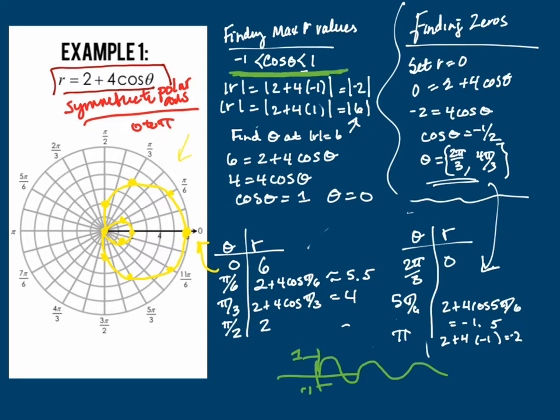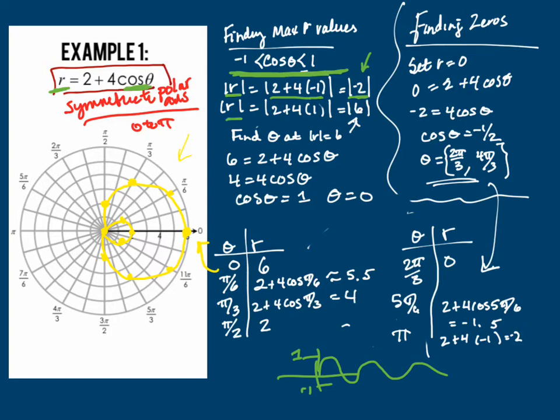So what we do is take the absolute value of r, the r of your equation, and substitute -1 in for cosine theta, because that's the least it could be, and +1, because that's the most it could be. Here we have r equals 2 plus 4 times -1, and you get -2, and it's the absolute value of -2 because it could go backwards or forwards. So 2 would be a maximum on the graph.